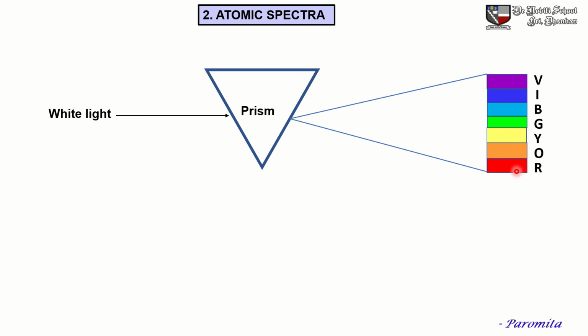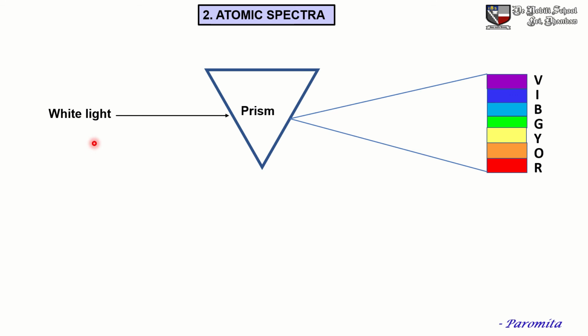Now these are radiations of different wavelengths. The pattern obtained by splitting or sorting out radiations into component wavelengths is called a spectrum. The spectrum of white light is analyzed by a spectrometer.